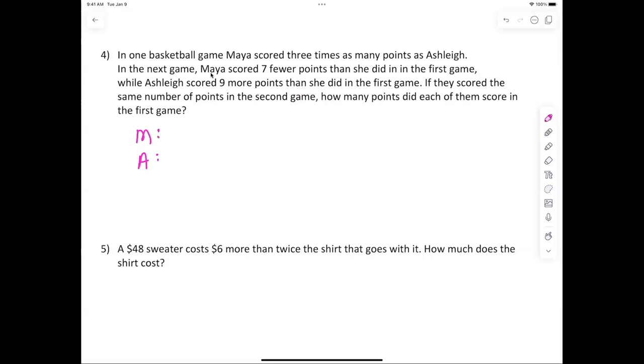In one basketball game, Maya scored 3 times as many points as Ashley. So we have separate games, so I'm going to put game 1.